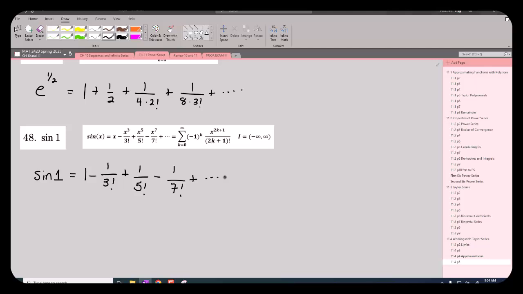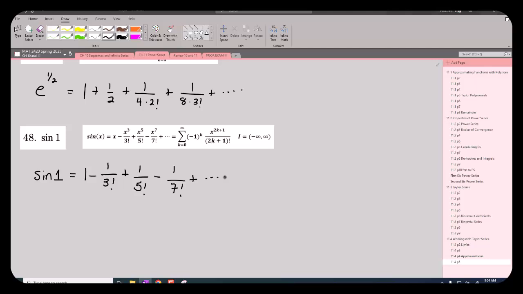Like if we just were given this infinite series of numbers, we see that there's a factorial in the denominator. We could come up with the general term a sub n and then use the ratio test or the root test possibly, or whatever test works. So chapter 10, chapter 11. Make sense?